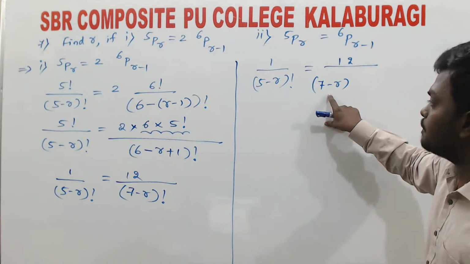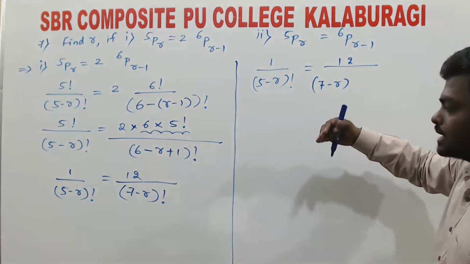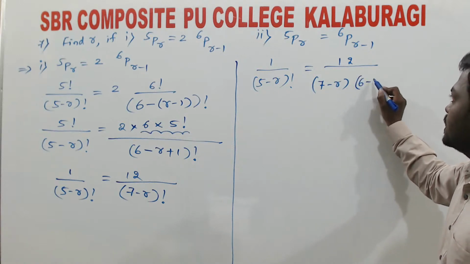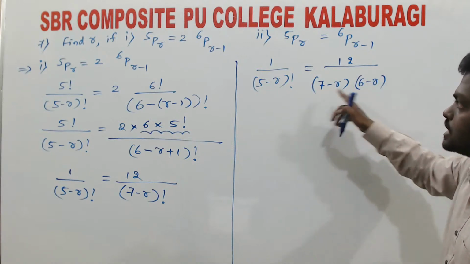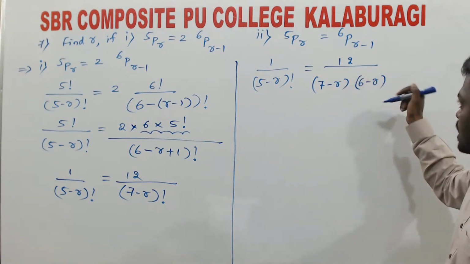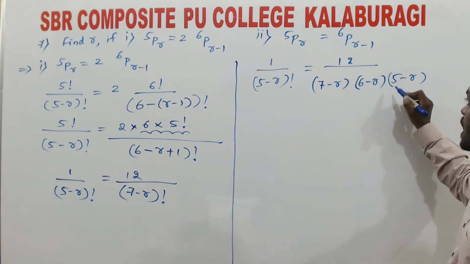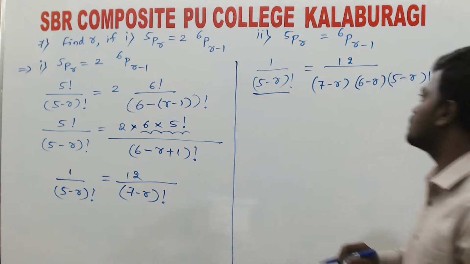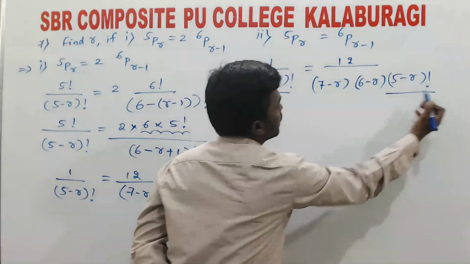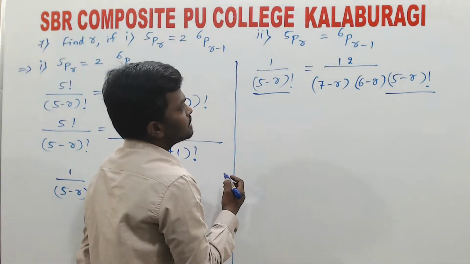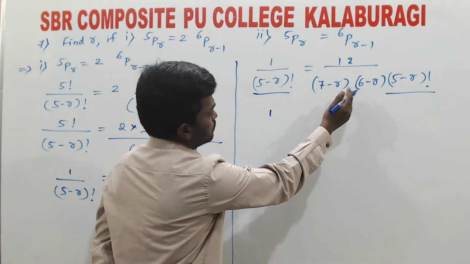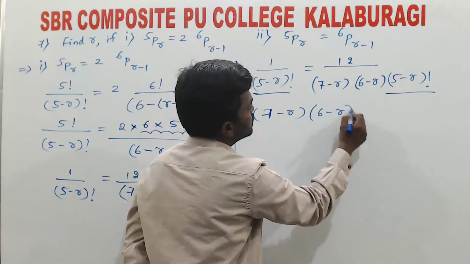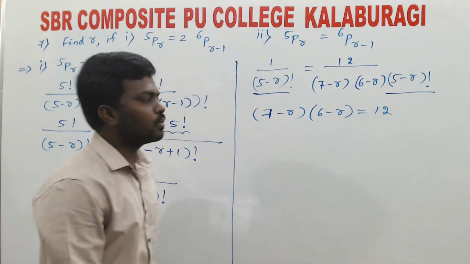When you open the factorial notation, it keeps on getting reduced by 1, so 7 minus r minus 1 gives us 6 minus r. Still it won't help us. Next, 5 minus r: stop here itself because we have a (5 minus r) factorial on the other side also. So (5 minus r) factorial and (5 minus r) factorial get cancelled. Now just cross multiply: (7 minus r) into (6 minus r) equals 12, students.